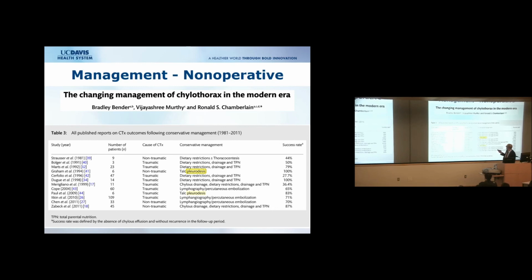I highlighted pleurodesis here, and lymphangiography here. There is a fair amount of variation, as you can see on the far right, with the success rate for a lot of these conservative management strategies, but I think it's important to highlight that in the right patients, some of these non-operative strategies can actually be successful, and we'll talk more about that in the setting of lymphangiography in a few minutes.